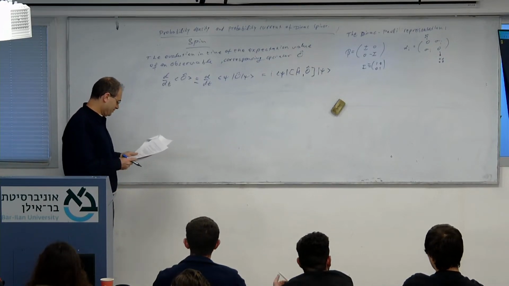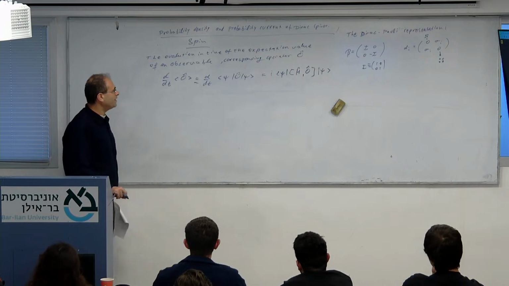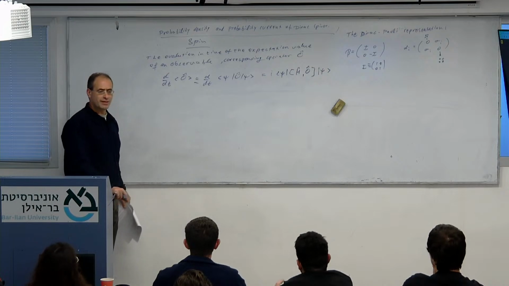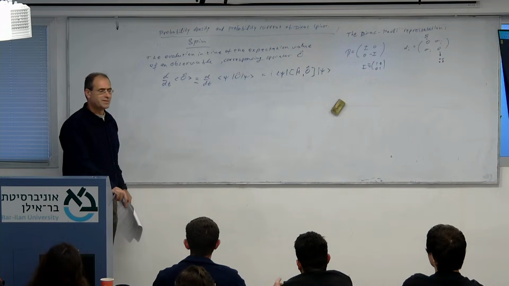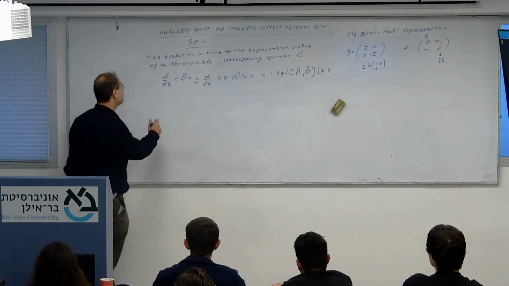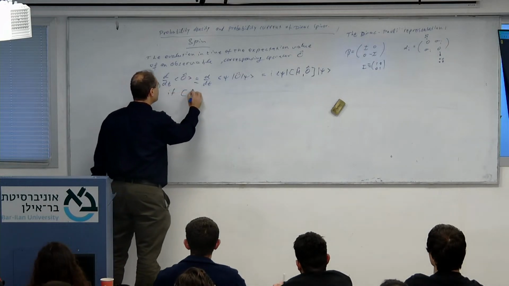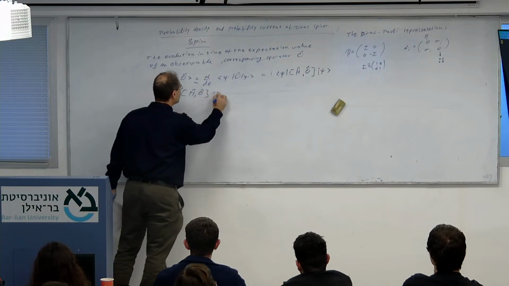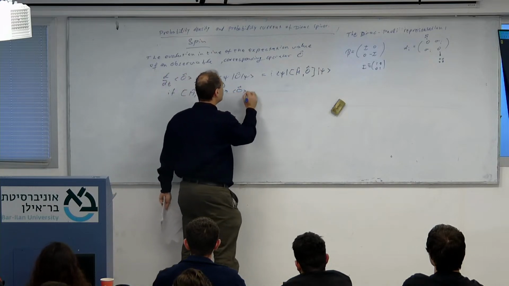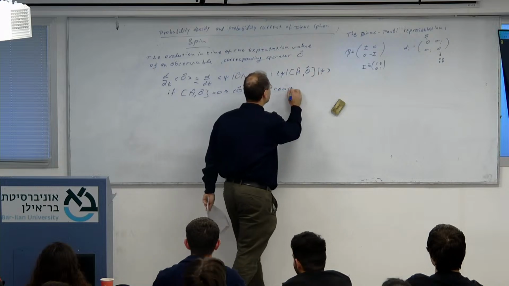So, what does it mean? If the operator O commutes with the Hamiltonian, then it's a constant of motion. So if the commutator of H and O is equal to 0, then O is a constant of motion.